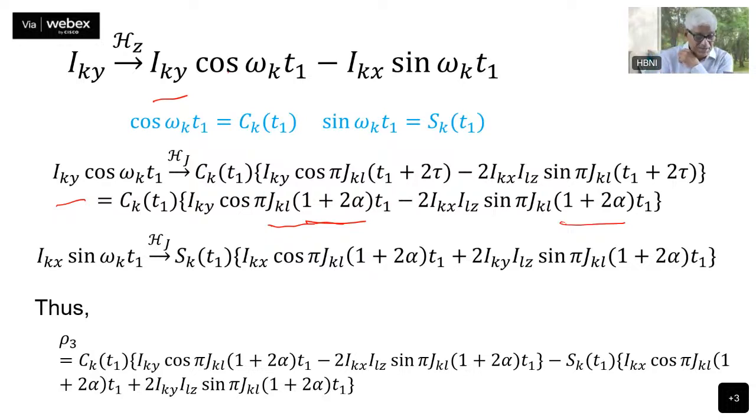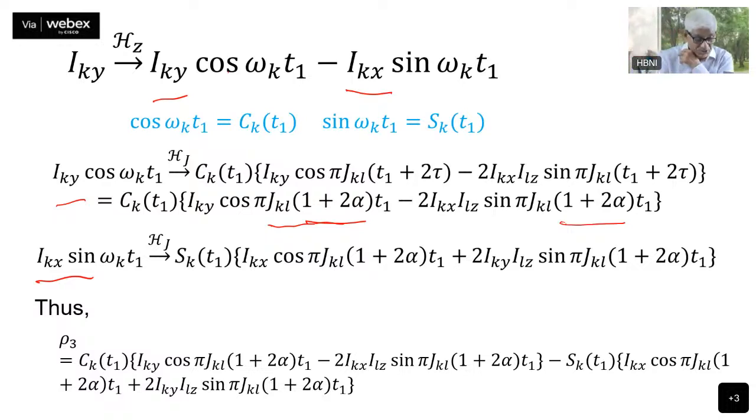Similarly, IkX sine omega k T1 evolves under the coupling Hamiltonian as Sk T1, that is the second term. This is IkX cosine pi Jkl (1 plus 2 alpha) T1, and then plus 2 IkY IlZ sine pi Jkl (1 plus 2 alpha) T1.